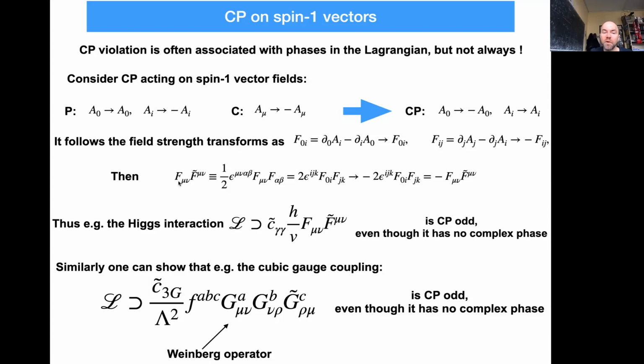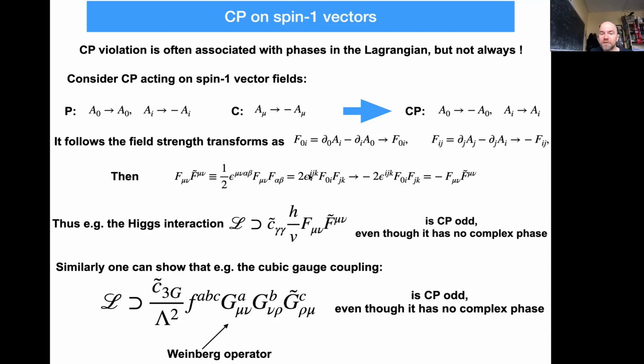If we build the following combination, F mu nu F-twiddle mu nu, where twiddle is defined as epsilon mu nu alpha beta F alpha beta, this is the action of the Levi-Civita tensor on F. If you write it like that, you can simplify it, because Levi-Civita is non-zero only if all indices are different, for example 0, 1, 2, 3, or 0, 1, 3, 2, and so on.